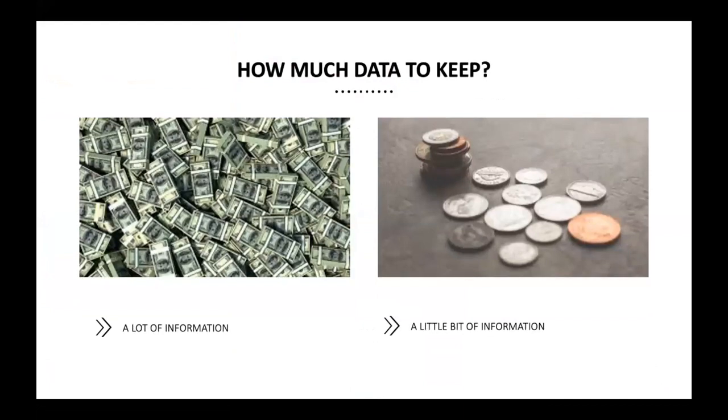And one of the other big decisions when you start any sort of patient registry is, how much data do you want to keep? Do you want to keep a lot, or do you want to keep a little? Now for us, as a rare disease, we made the decision that we wanted to keep a lot of information, because we had small patient numbers. We knew that we could stay on top of contacting people when they needed to update their data.